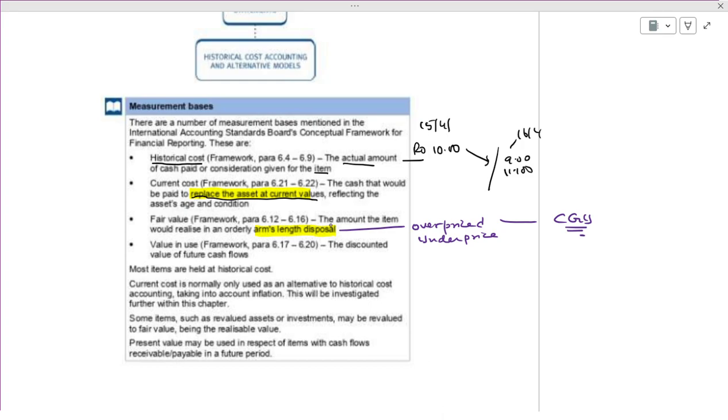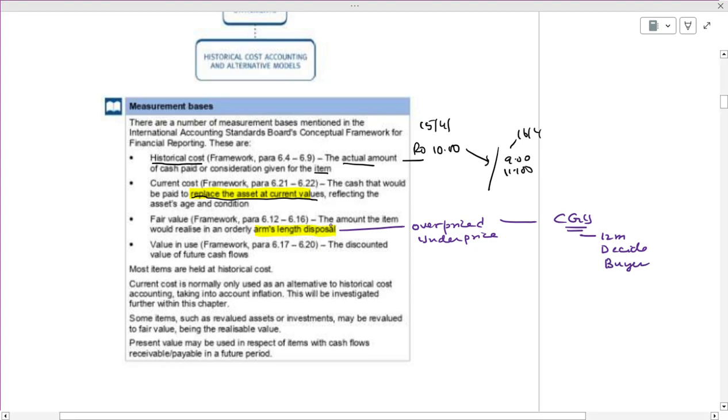Your assets should be sold within the next 12 months. They should have decided to sell it. You have to identify the buyer. The intention has to be very clear that you are going to sell it, and the value should be reasonable.